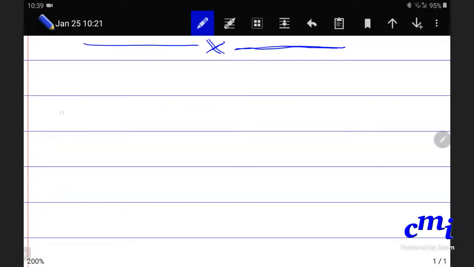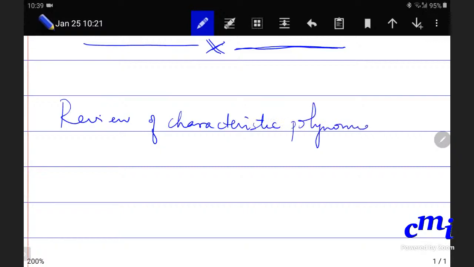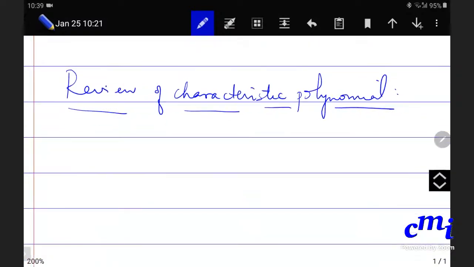Okay, so this is just a quick review of characteristic polynomial. Throughout, F will denote a field.